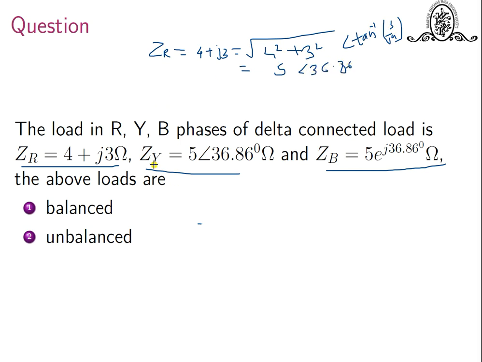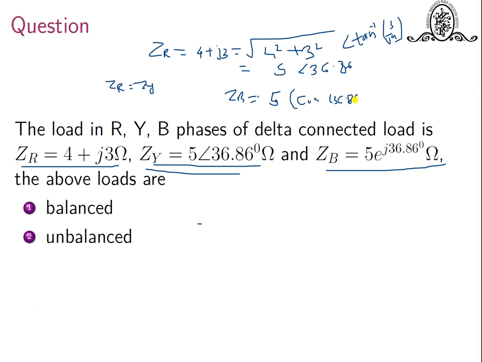See here, ZY load is also 5 at an angle of 36.86. Now it indicates that ZR is equal to ZY. Let us think about ZB. ZB is 5 e raised to j 36.86. So ZB can be written as 5 in bracket cos 36.86 plus j sin 36.86, according to Euler's identity.